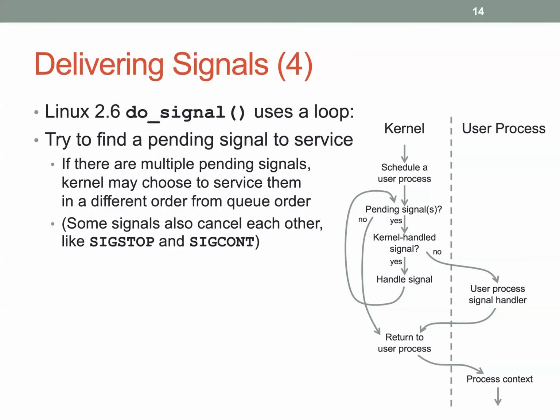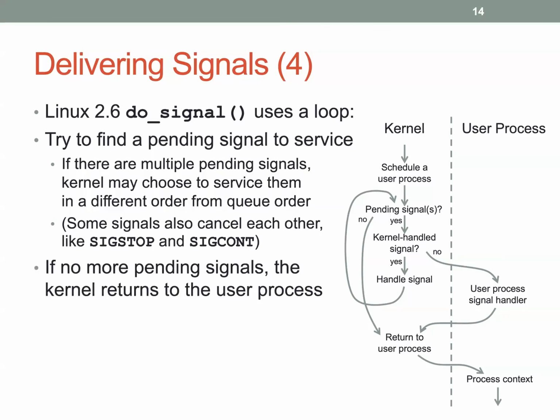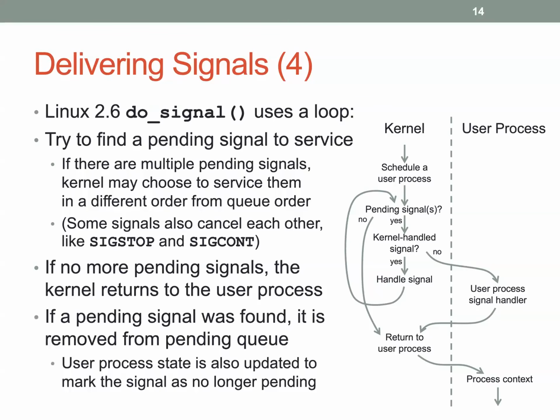The kernel will go through and take care of as many of those things as possible. If you end up with no signals, either there were no signals or all of the pending signals were handled, then you can just go straight back to the user process, using the mechanism you all should know and love by now, and certainly you will by the end of the third project where you complete user programs for Pintos.